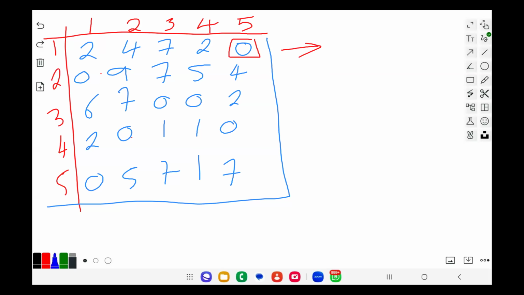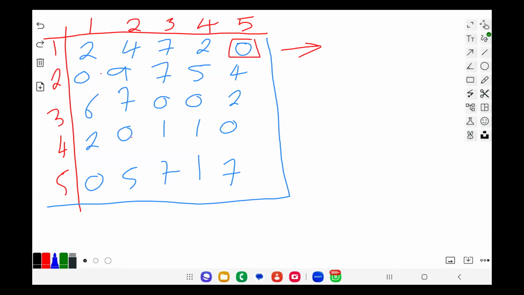Draw a vertical line. What if you don't have a 0? Maybe they are just numbers and there is no 0. Then you skip that row the way it is. You don't do anything.